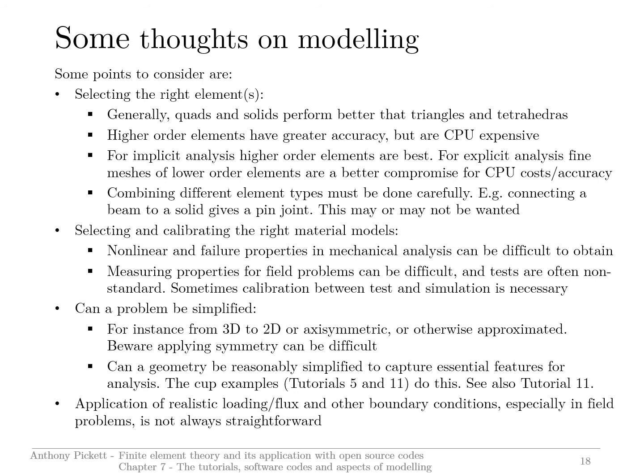I have used symmetry in a number of the tutorials in the book, and there's an interesting one in tutorial 11 if you do get the book, where it was an axisymmetric problem, but in order to set it up and to check all the things like contact and heat transfer, I used just a slice of the problem just to get it all working first before I moved on to the full 3D geometry.